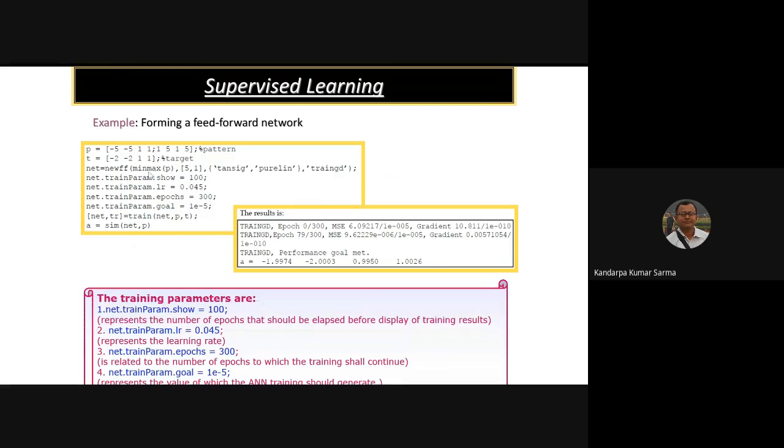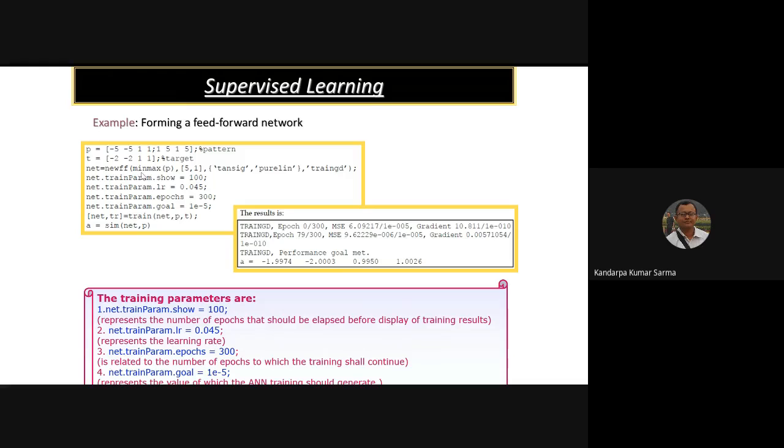Let's see. Now here there is a pattern that you have a set of values, a 2x4 matrix. So the target is here -2, -2, 1, 1. Now this particular built-in function newff will be creating a new feed forward network that takes values.